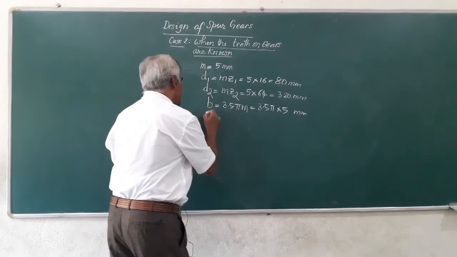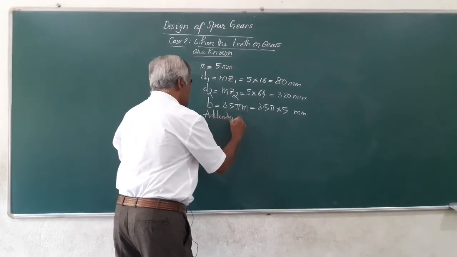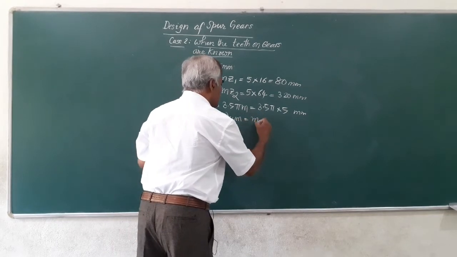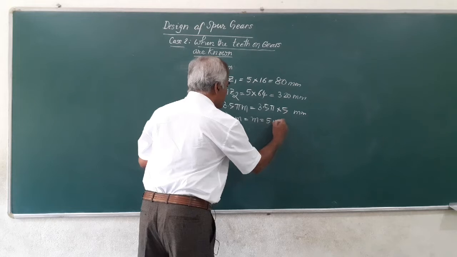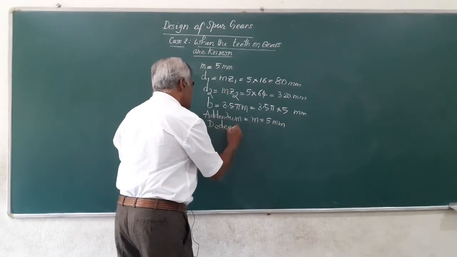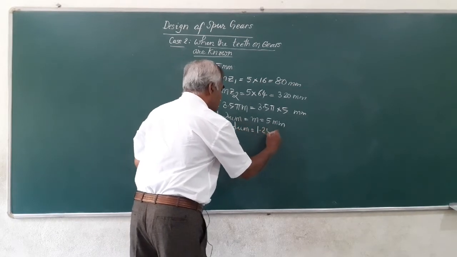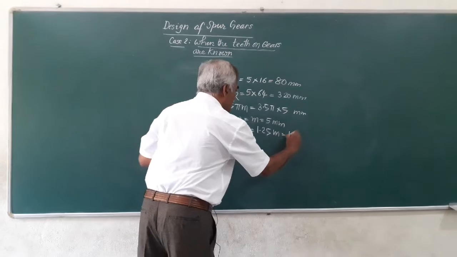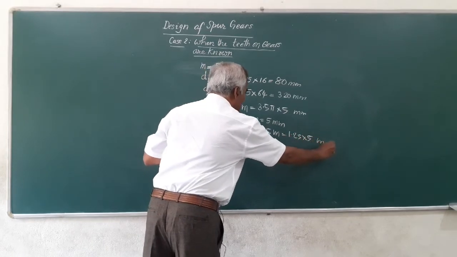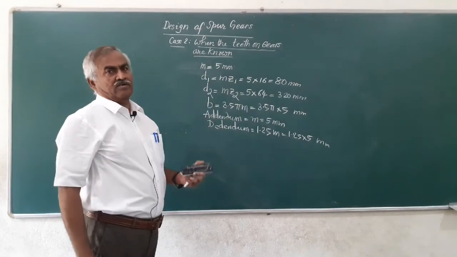Then you have the addendum is equal to module, that is 5 mm. Similarly, dedendum, all these parameters you should write down. Dedendum is equal to 1.25 times module, so 1.25 multiplied by 5, so many millimeter. So all these parameters you should just find out.